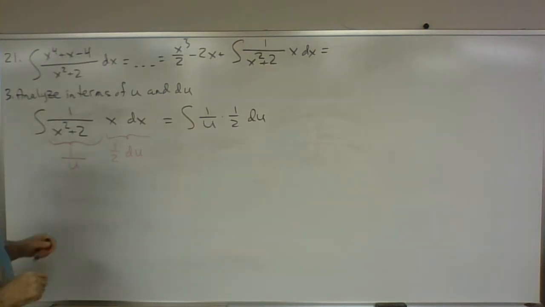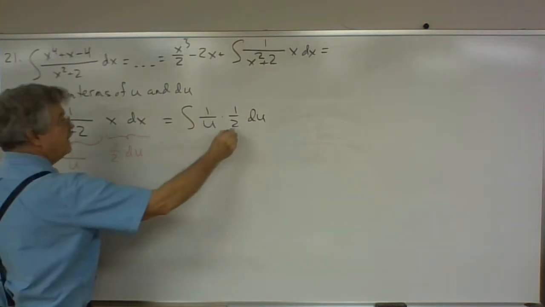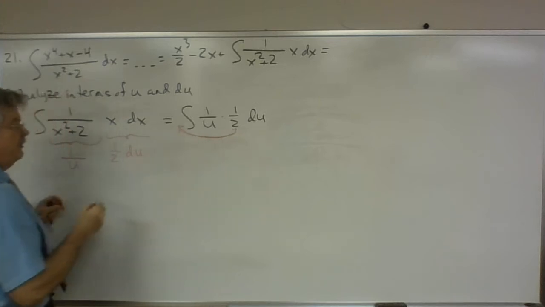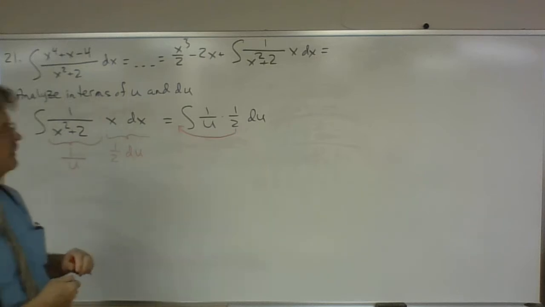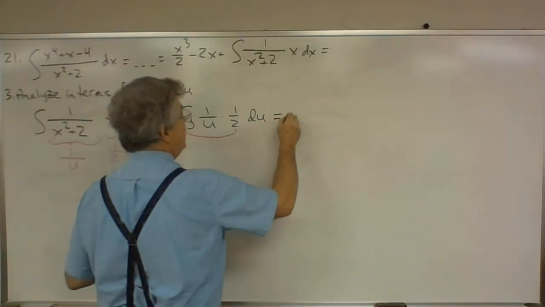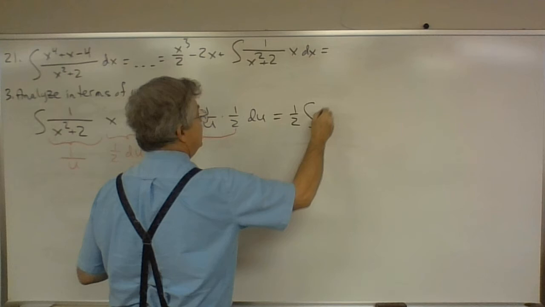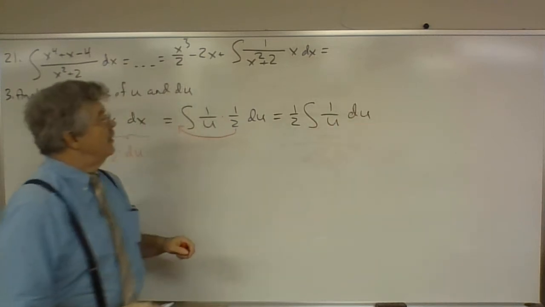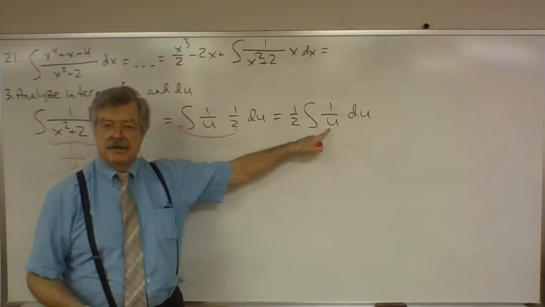And our integrand has a constant factor here. We all know what we do with that. We bring it out in front of the integral sign. So we have 1/2 times the integral of 1 over u du.